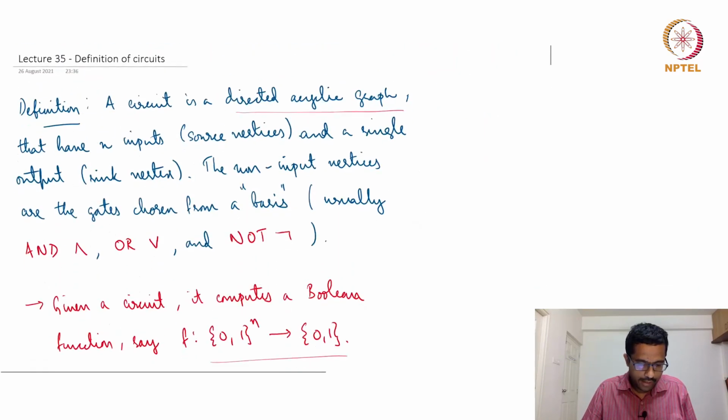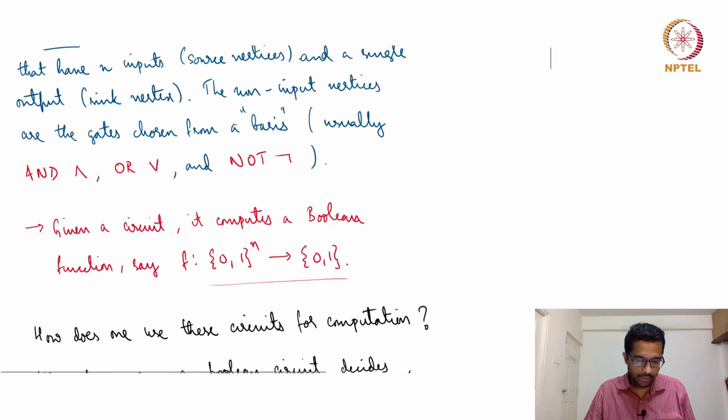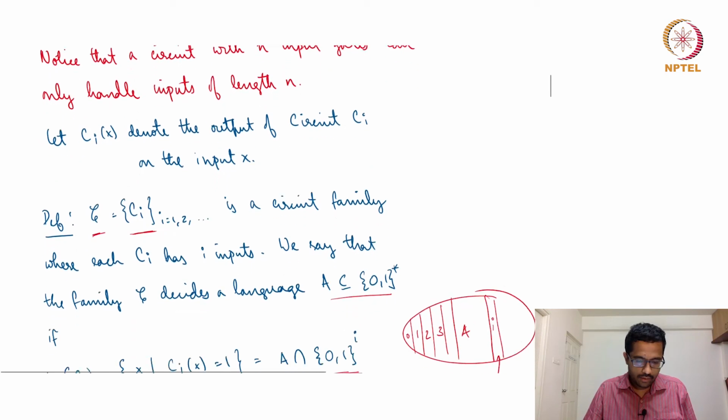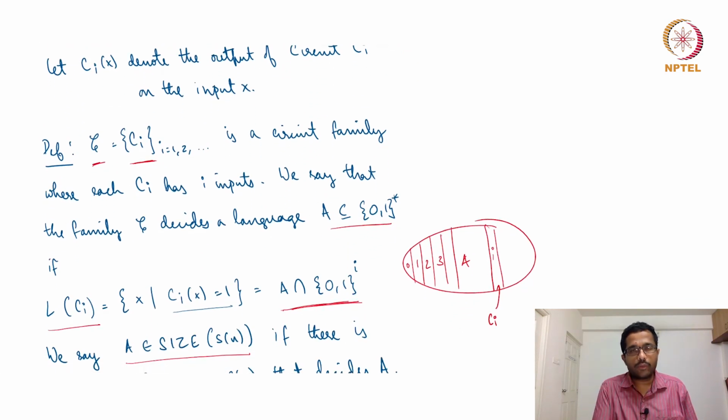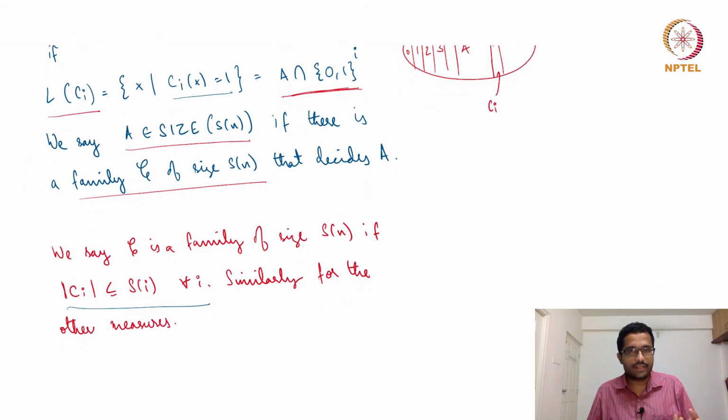And with that I will close this lecture. So we saw the definition of a circuit. We saw what one means when we say that a circuit can compute a language. By dividing this language into strips of each size, we saw the idea of non-uniformity.